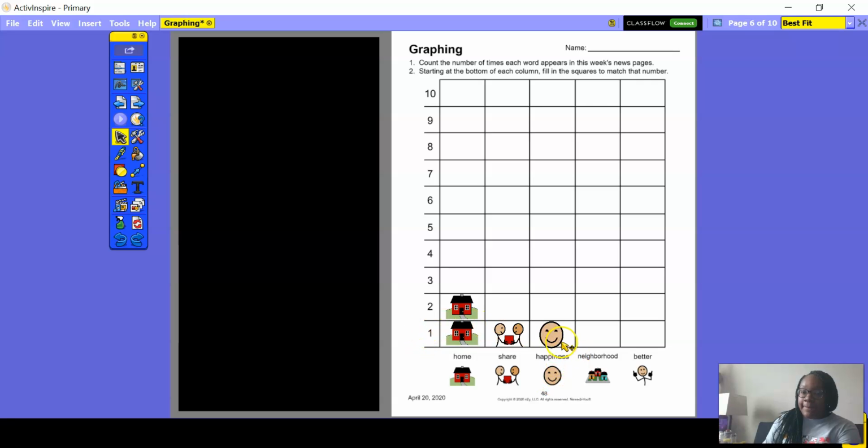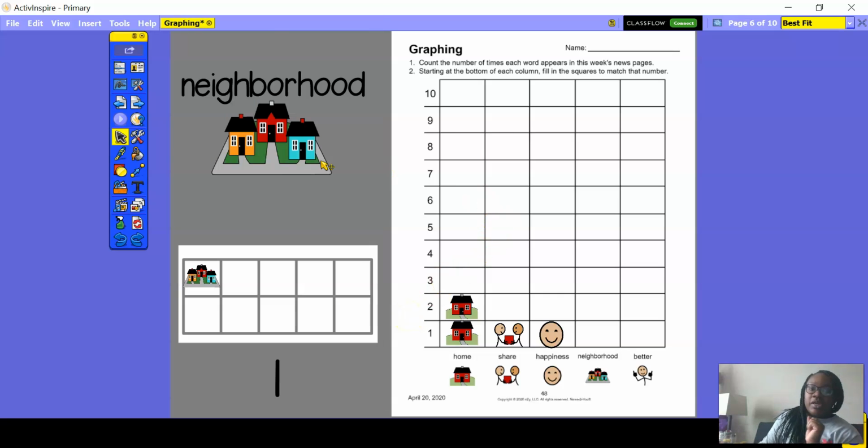We saw the word happiness 1 time. And so share and happiness have the same number, 1. Home appeared more than share and happiness because we saw it 2 times.